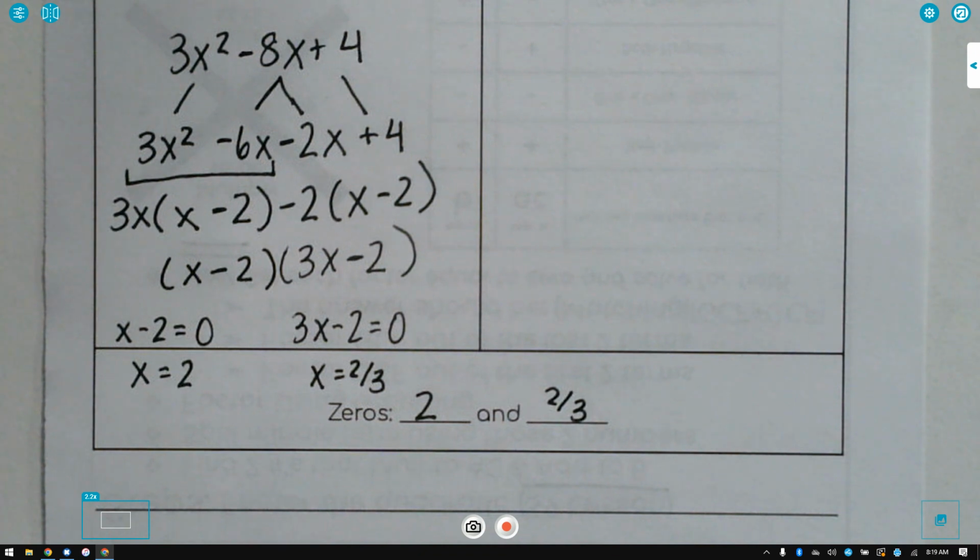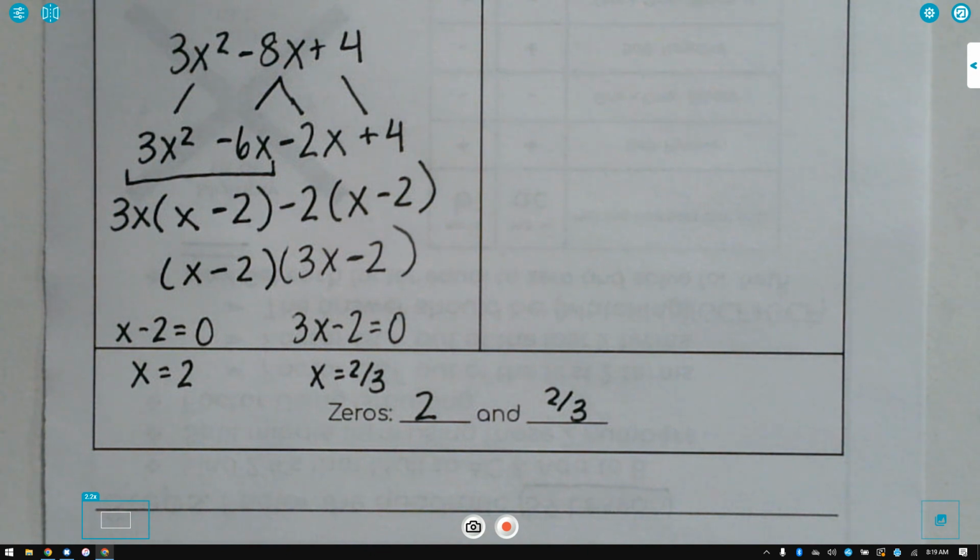So we've got 2 and 2/3, but not 2 and 2/3. Separate. All right. Any questions right now? Okay.